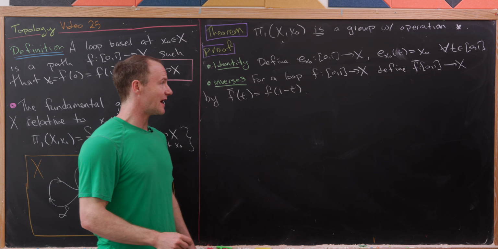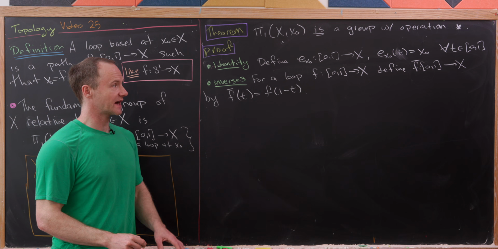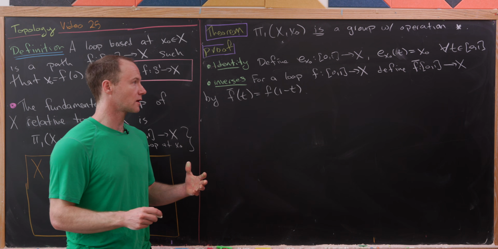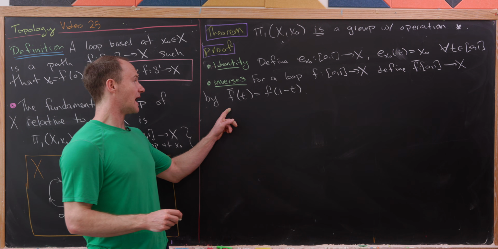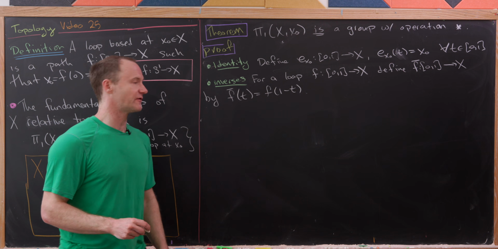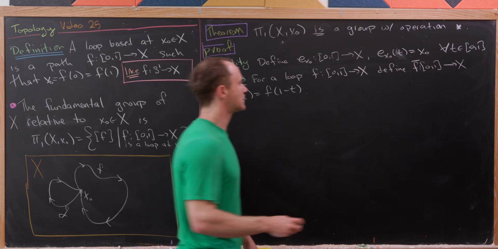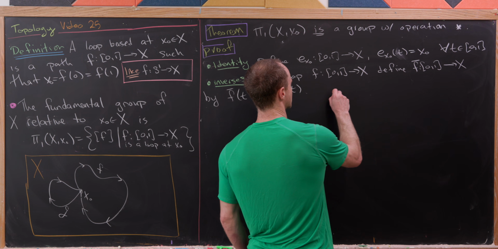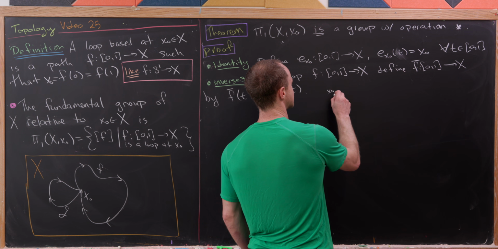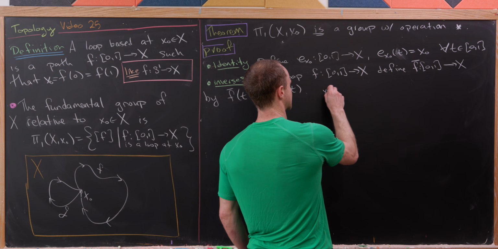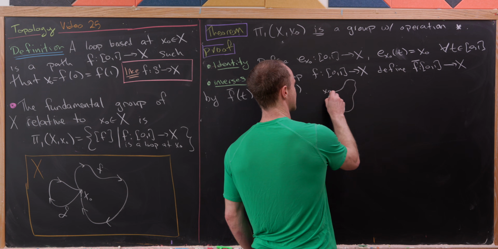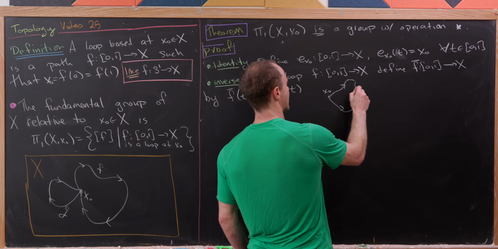So for a loop f from 0, 1 to x, let's define f bar, another loop, by f bar of t is f of 1 minus t. So this essentially just reverses the time. So let's get a picture going here. Let's say that this is our point x naught again. So let's get that there, and let's say that this is our loop f.